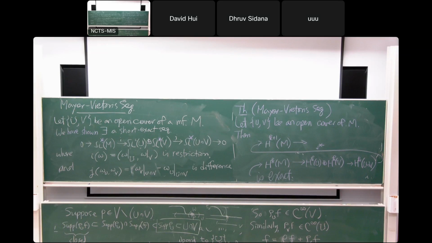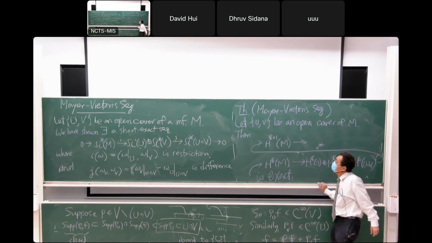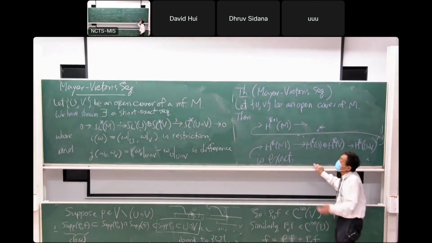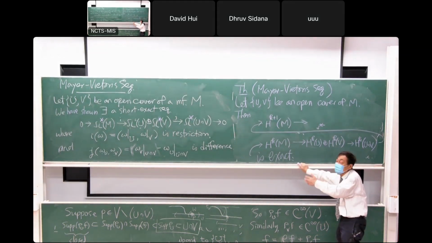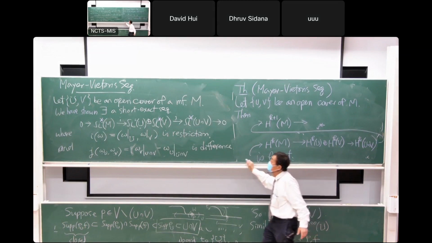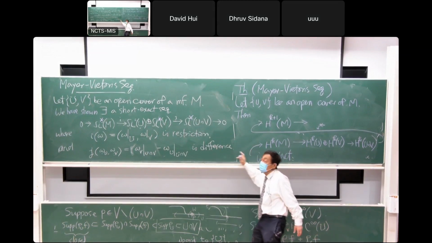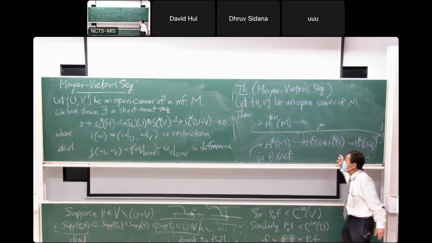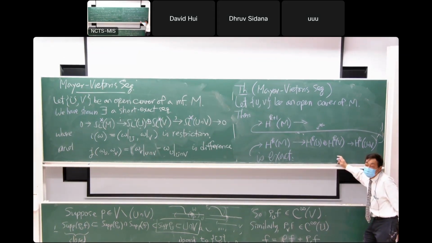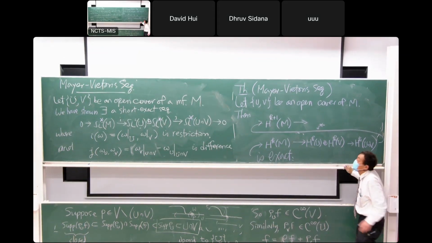Yes, so I was saying that now from the short exact sequence of co-chain complexes, we get a long exact sequence in cohomology, and it is called the Mayer-Vietoris sequence, okay?